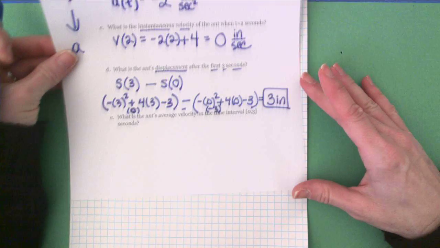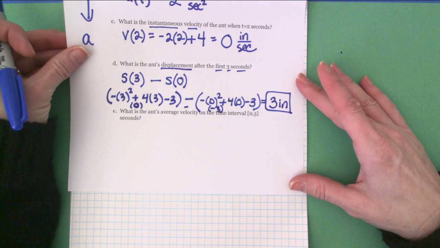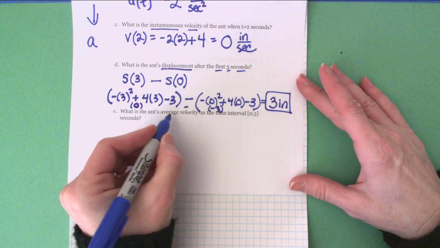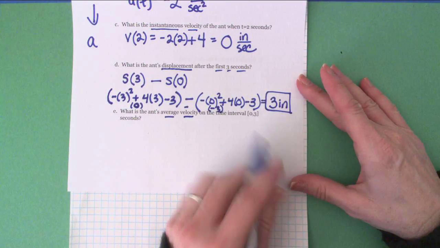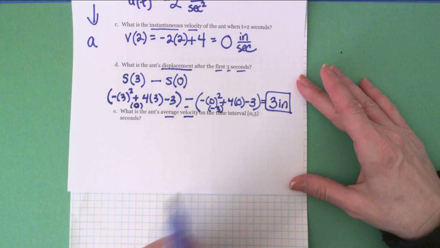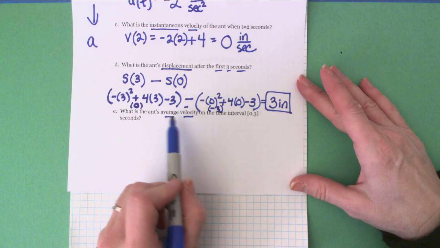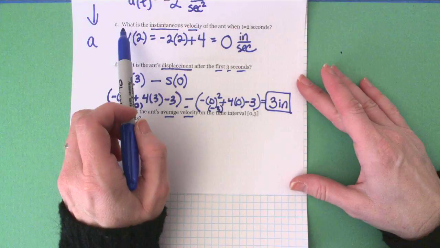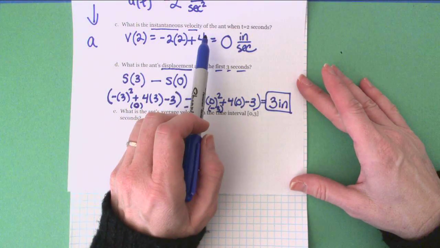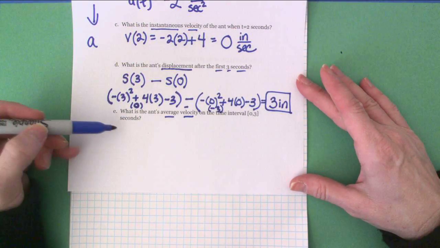Okay, and last but not least here, what is the ant's average velocity on the time interval from 0 to 3 seconds? Okay, there's a difference between average velocity and what we did earlier, instantaneous velocity. So here's the difference. Let me draw a little graph here.